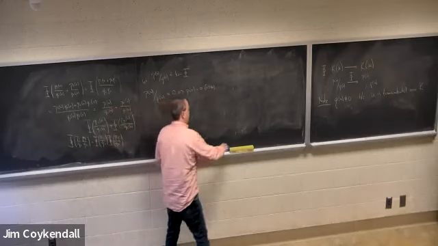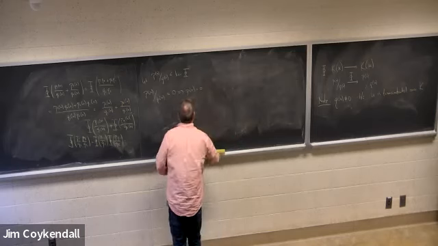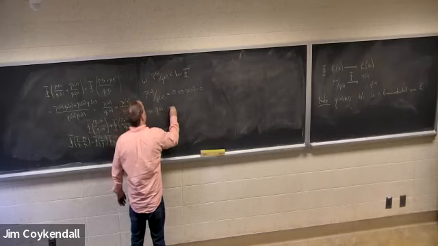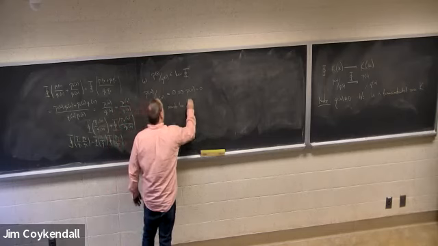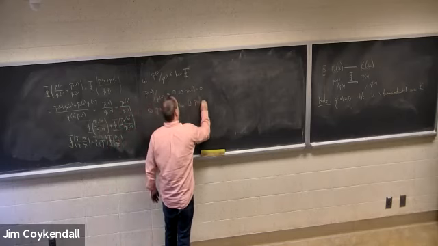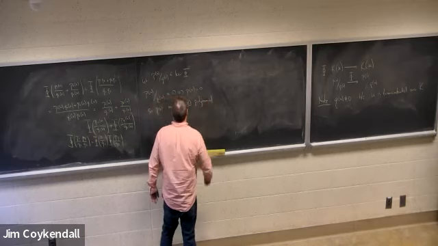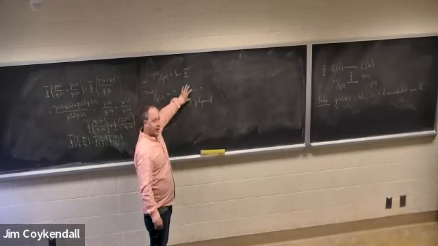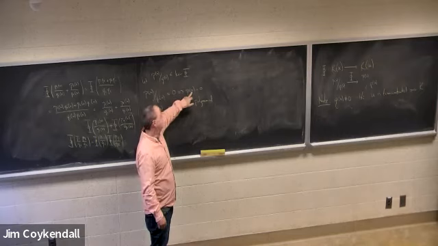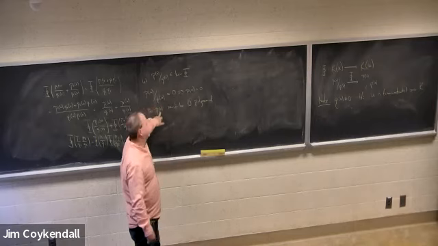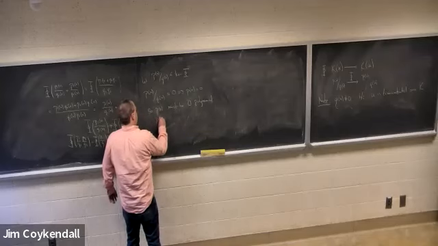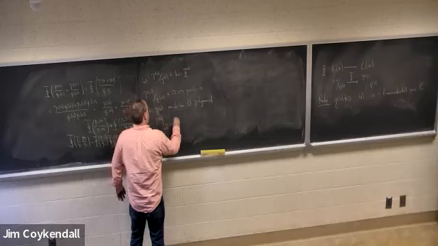Well, let me not say it. So P(X) must be the 0 polynomial, because the only way for this fraction to be 0 is for the numerator to be 0. The numerator being 0 means that U is a root of that polynomial. Since U is transcendental, the only polynomial it can be a root of is the 0 polynomial. So P(X) over Q(X) is 0.